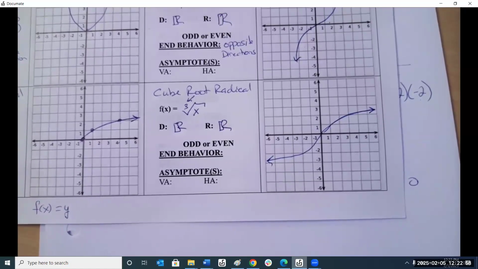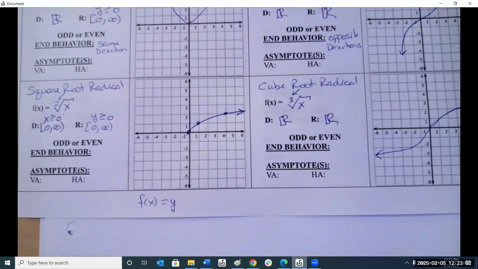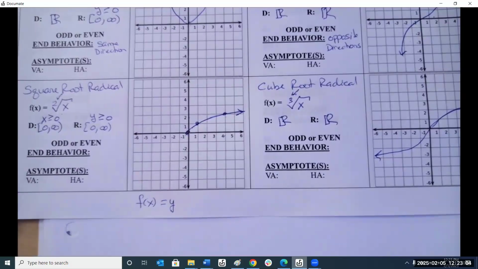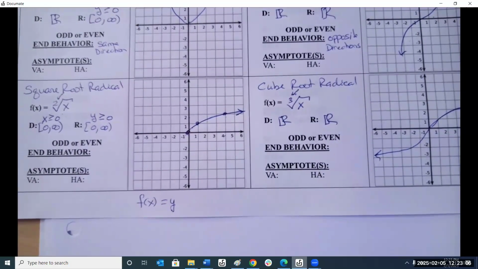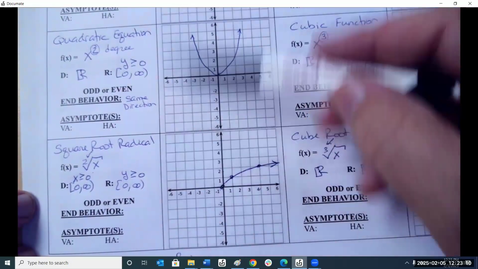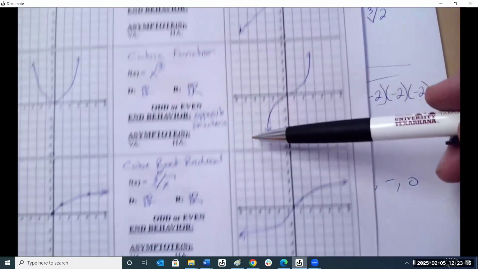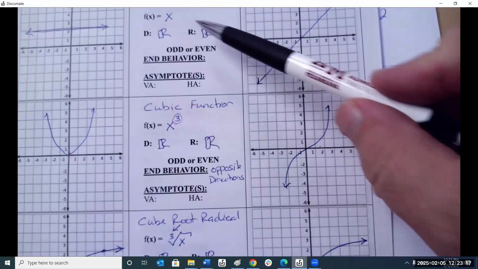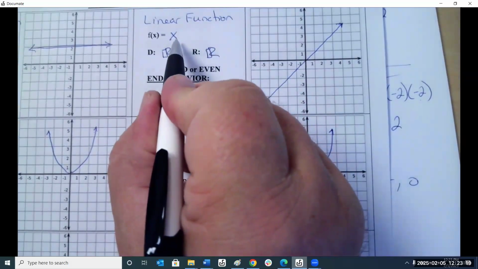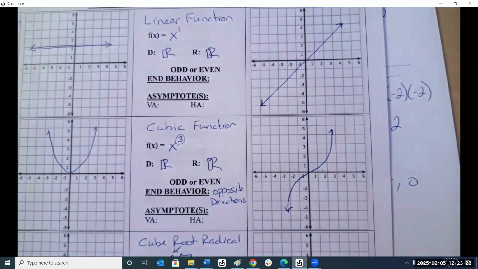Go back to the square. If you notice, the way I have this set up, on this side we have even powers or even roots. This side, all three of these are odd. A linear equation, what's the degree? 1. It's odd.